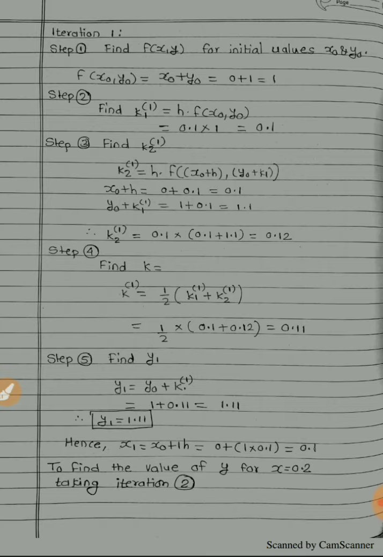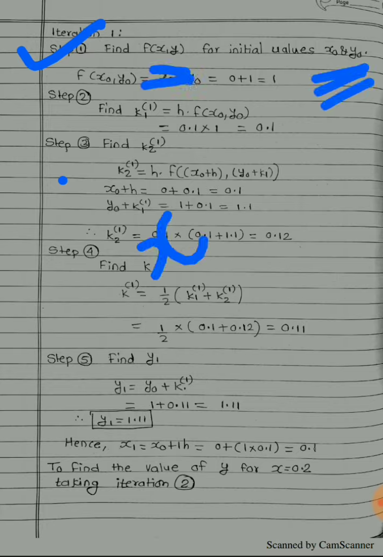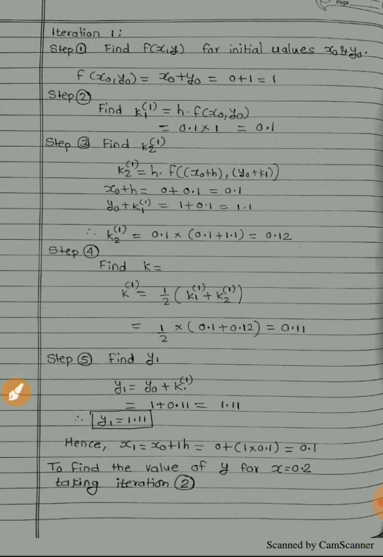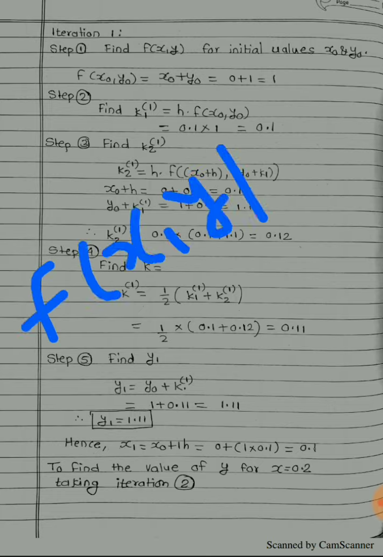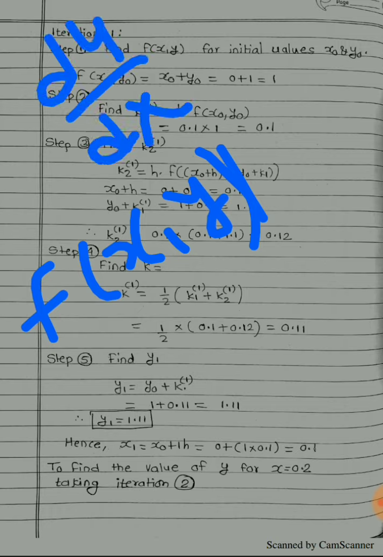See how to do that. In the first iteration, step 1 is to find out f of x,y for the initial values, that is x0 and y0. In the given equation, the equation which is given in the problem, that is f of x comma y. Actually the equation which was given is dy by dx, and dy by dx we are always considering as function of x,y.